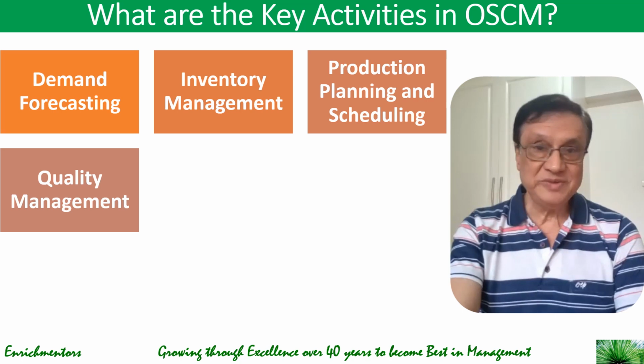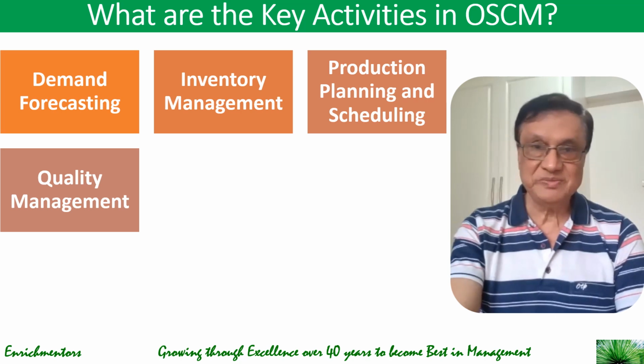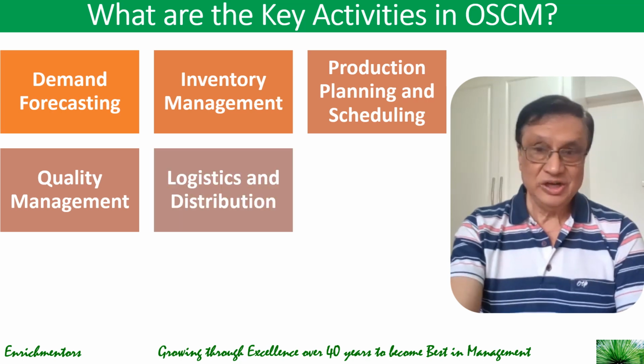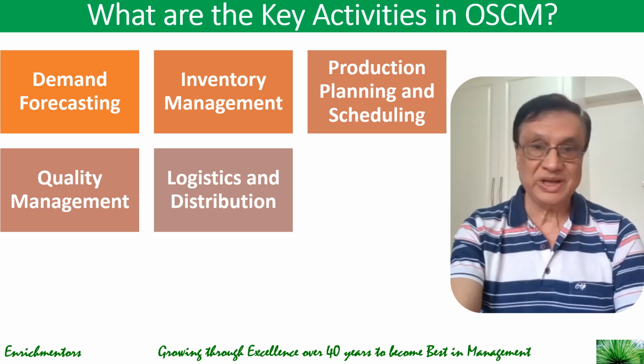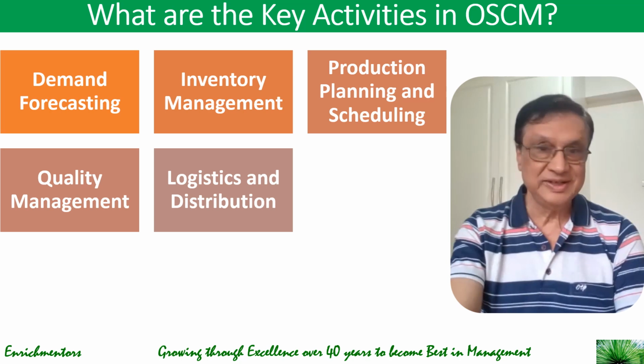Then quality management, where you ensure products and services meet or exceed customer expectations by implementing quality control and quality assurance measures. Logistics and distribution, which involves managing the movement of goods, information, and resources throughout the supply chain to meet customer requirements.